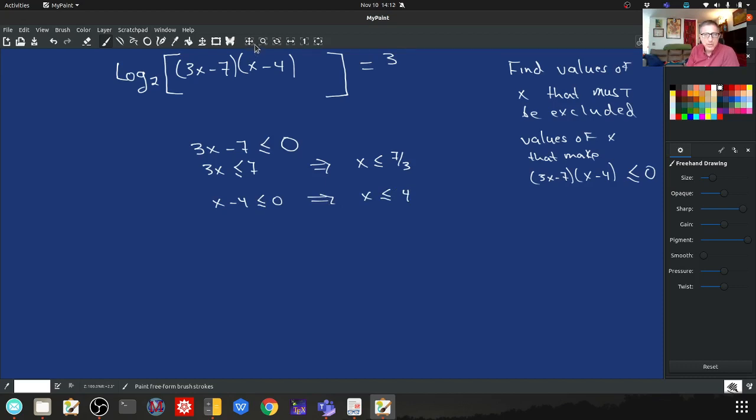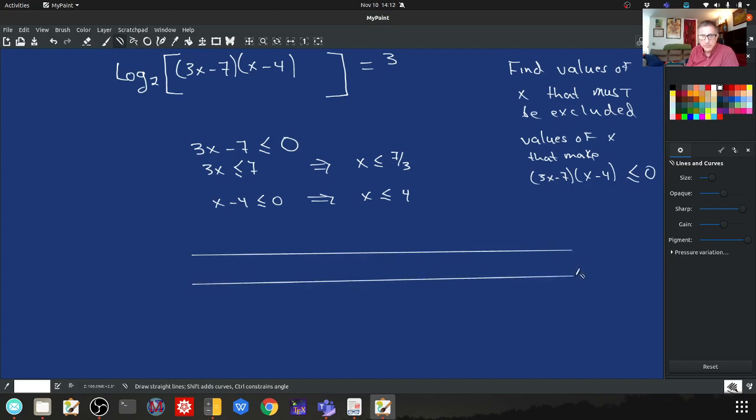And what we're going to do is draw two number lines, and I'm going to mark out 4 and then 7/3. So 7/3 is less than 4. It doesn't have to be to scale. So this is going to be my 7/3 line, and this is going to be my 4 line.